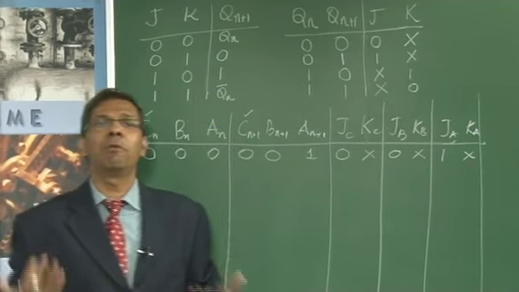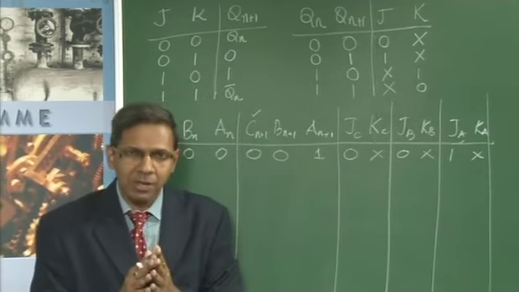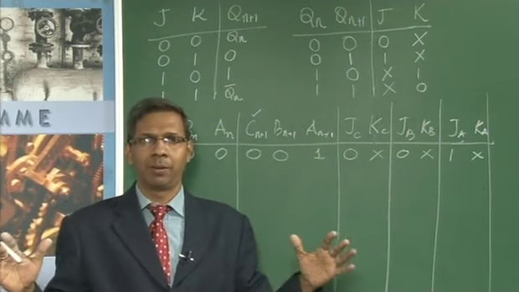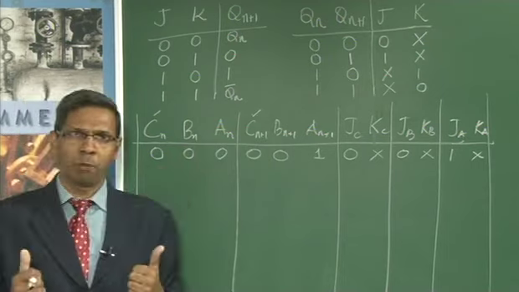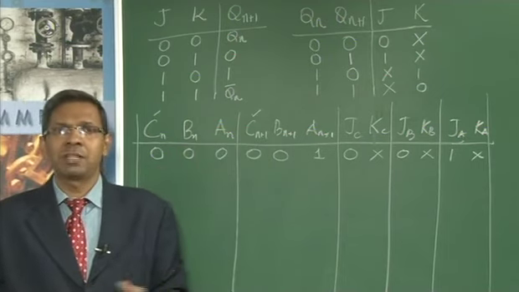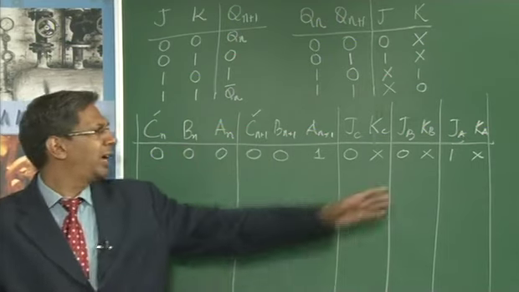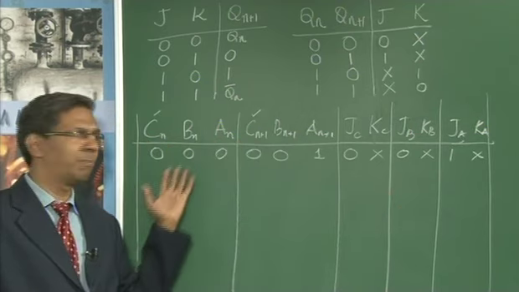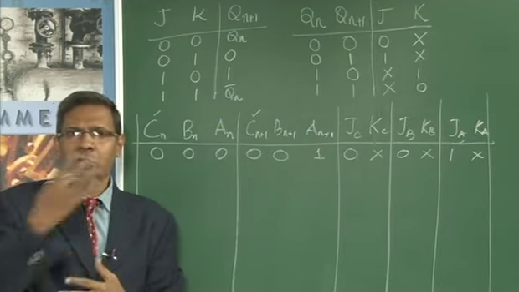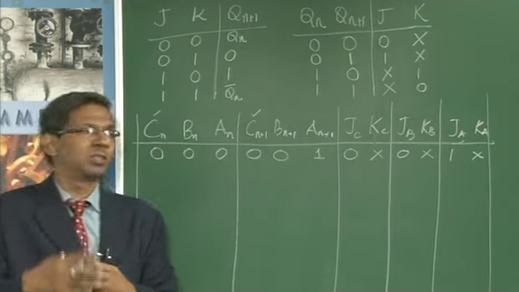Now why is it that I am doing all this? My ultimate goal is to design a circuit. That circuit is going to have 3 flip-flops, and since it's a flip-flop, it is going to have outputs and inputs. The outputs are nothing but CBA, this being the present state and this being the next state, the way it transitions.